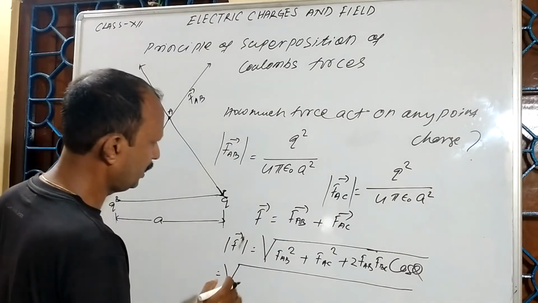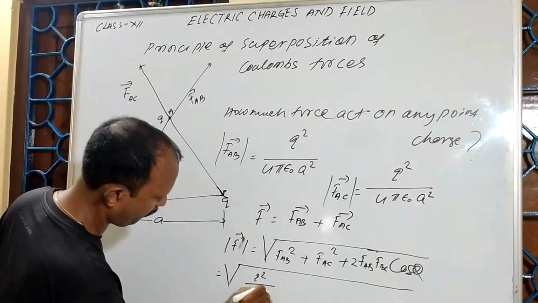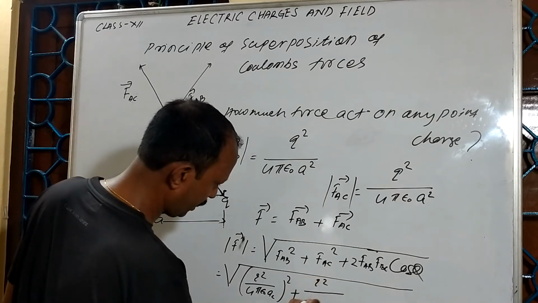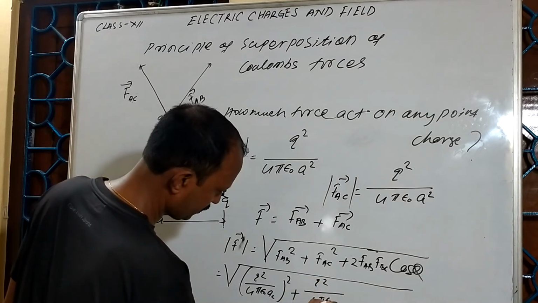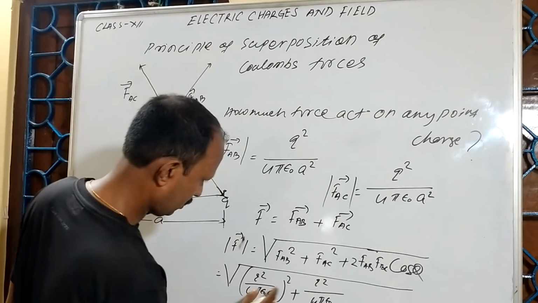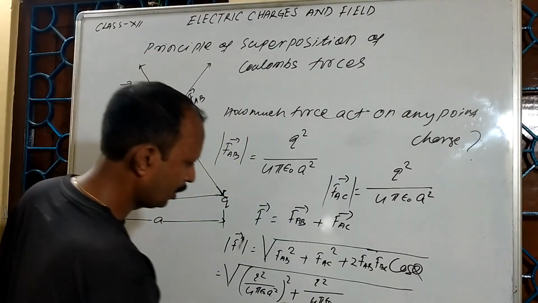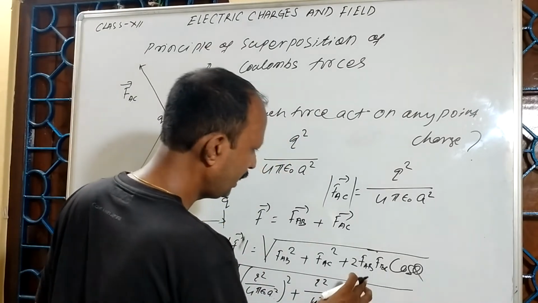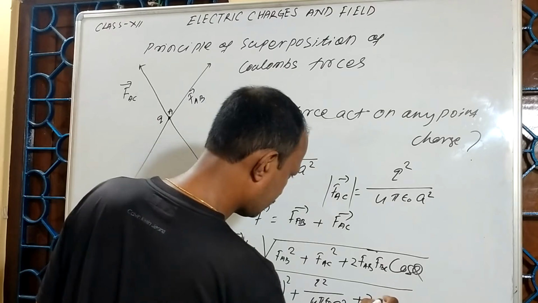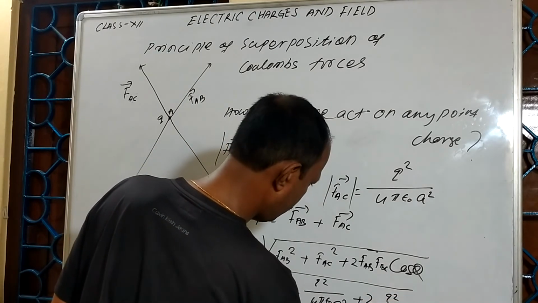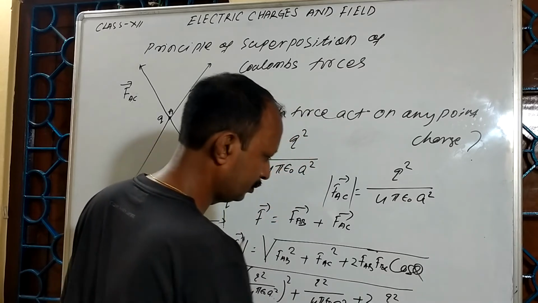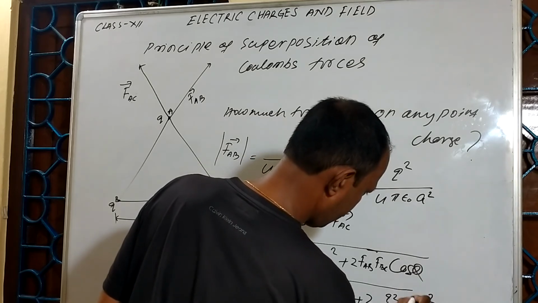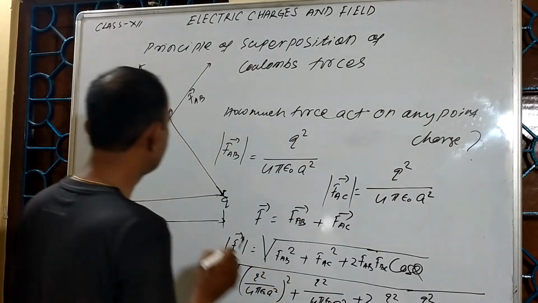That means it is q square over 4 pi epsilon naught a square, plus q square over 4 pi epsilon naught a square, plus 2 F AB F AC cos 60 degree.